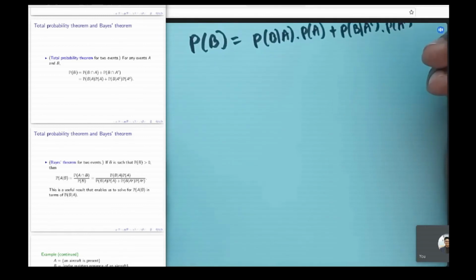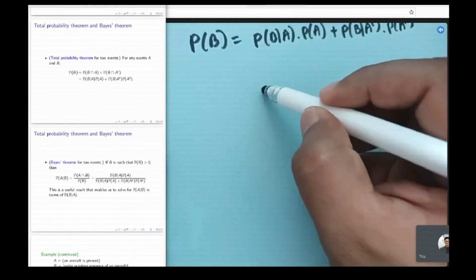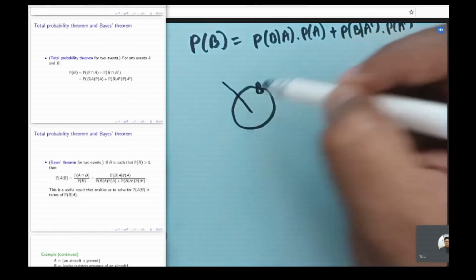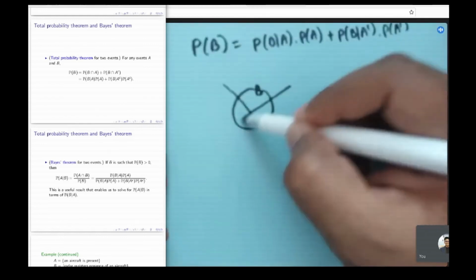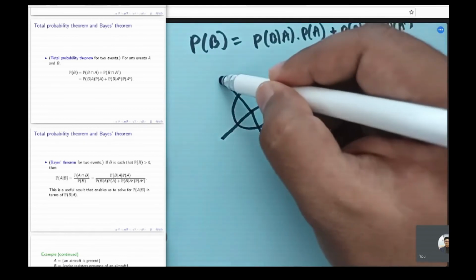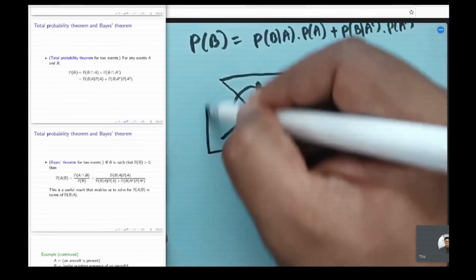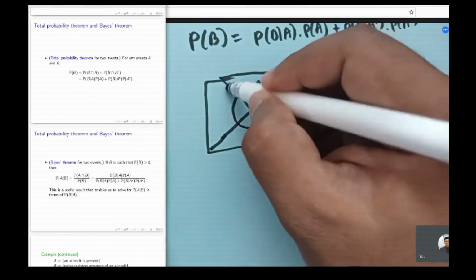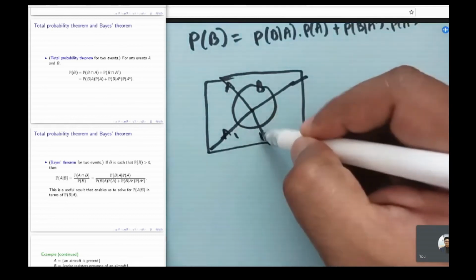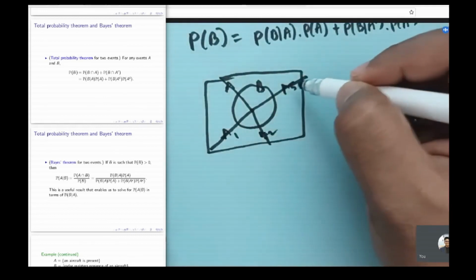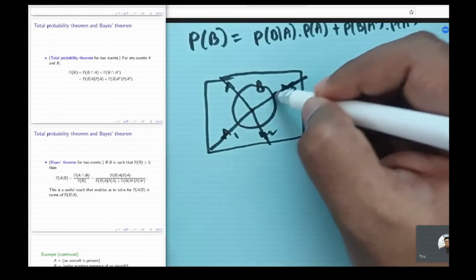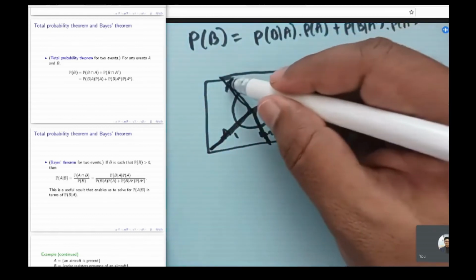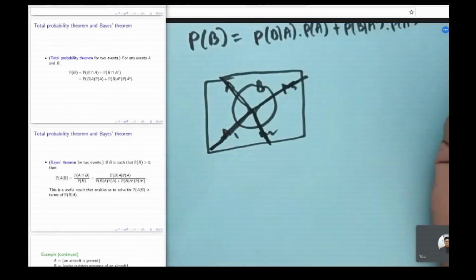Say that for instance this is your B, and imagine that it is inside a sample space like this. So all the other events are like this, so this is B, you can have A1, A2, A3, and imagine it like this.